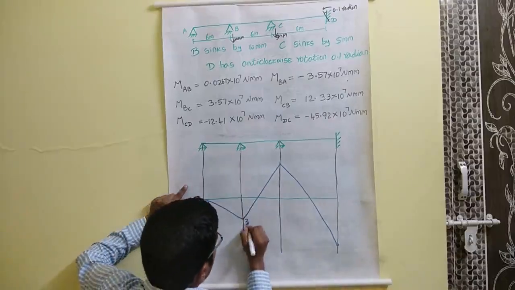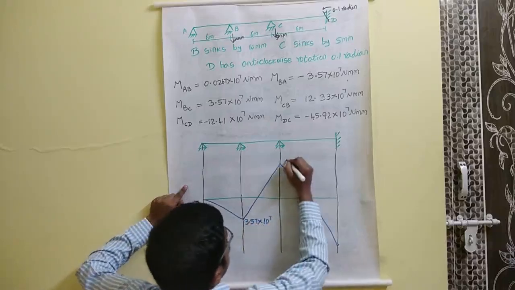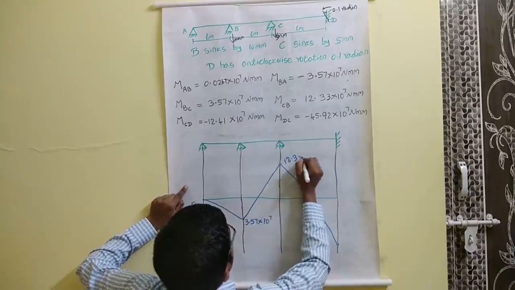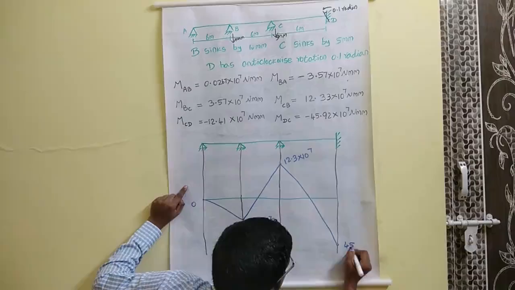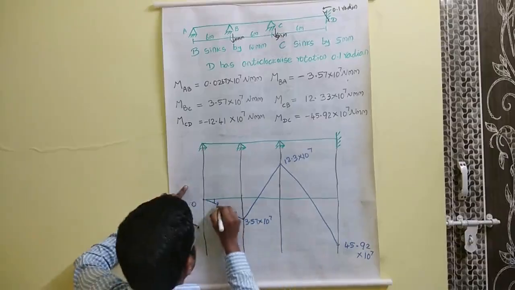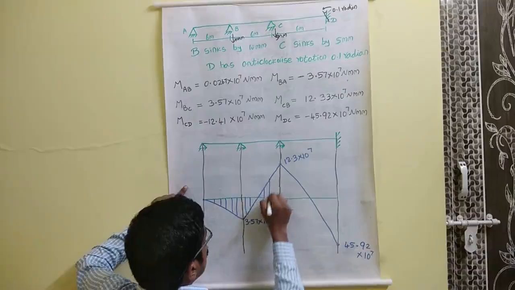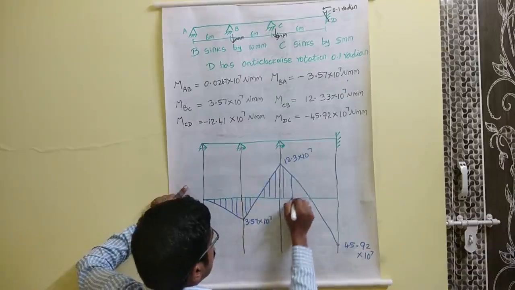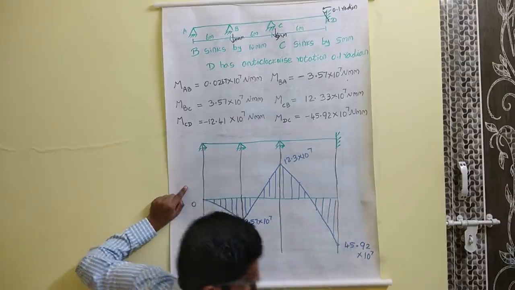Here the value is 3.57 into 10 to the power 7, here the value is 12.3 into 10 to the power 7, and here the value is 45.92 into 10 to the power 7. This shaded portion is nothing but our bending moment diagram for the given problem.